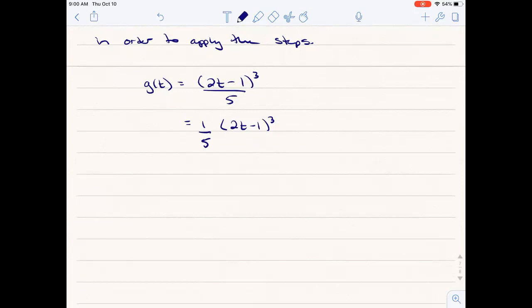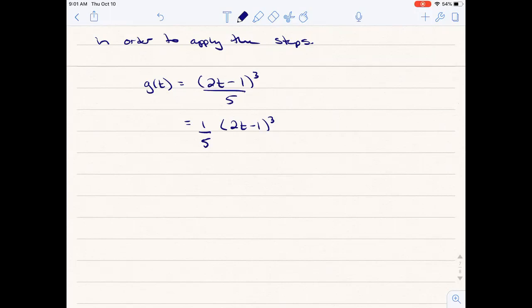Okay, so we pulled that 1 over 5 out front. That looks better, right? This looks like it could be a, but then we've got this 2t in here still. We want to pull out this 2 because we can only have t minus 1 or t plus 1 or t and then something. So we have to pull it out of the -1 as well.